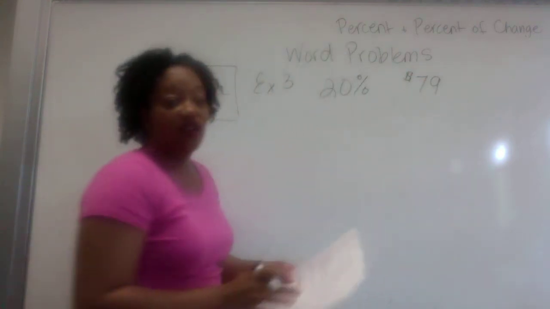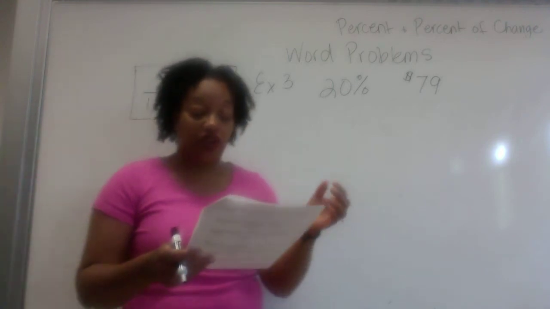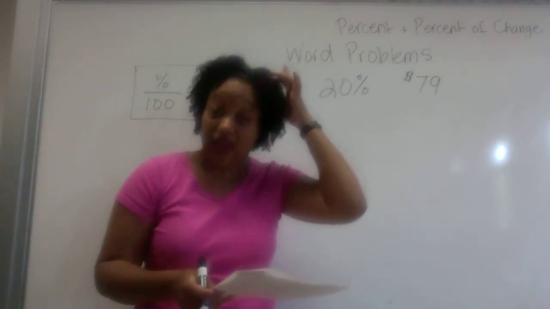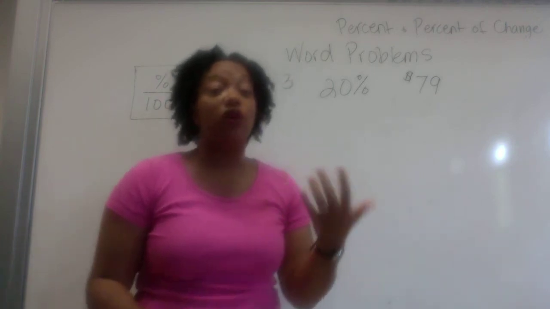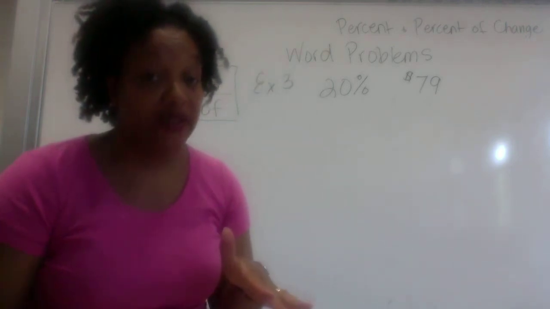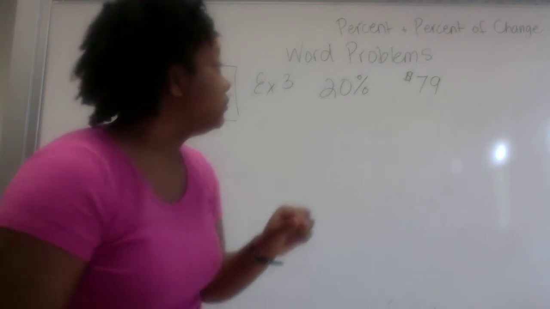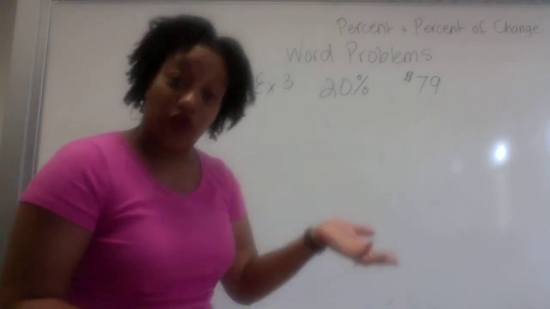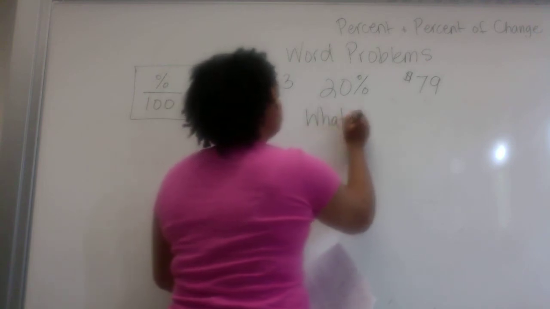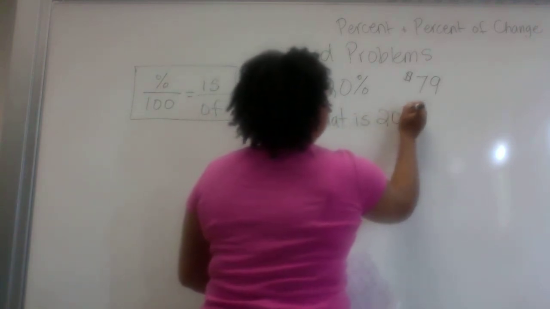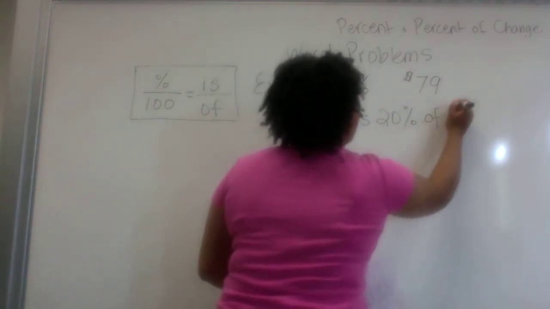So what Miko wants to figure out is, how much is she going to save? Not how much she's going to have to pay for it. She wants to know how much she's going to save off of this camera. So the question that she's asking herself is, what is 20% of $79?